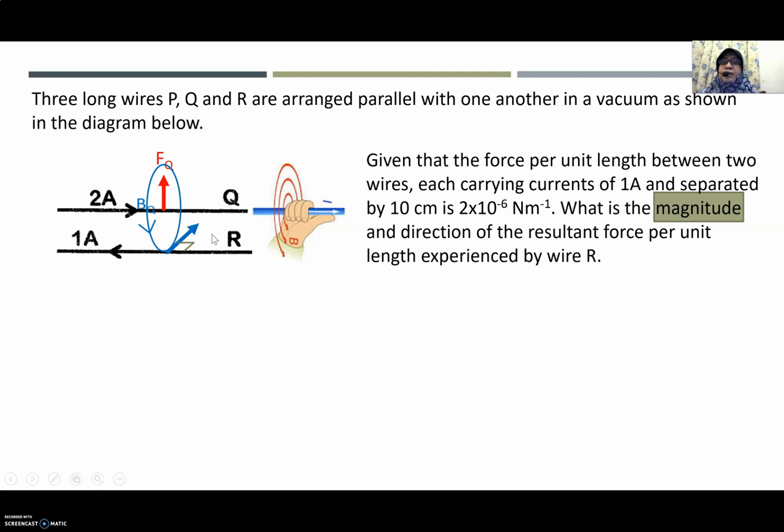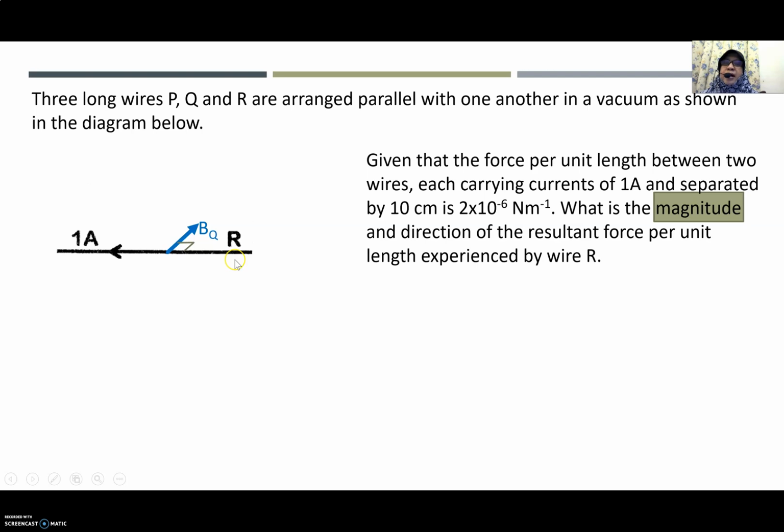We name it as BQ because this is the magnetic field by wire Q. And for wire R, we use Fleming's left-hand rule to determine the direction of force on wire R. Direction of B is into the screen, direction of current is to the left, and lastly the direction of force on wire R is downward.